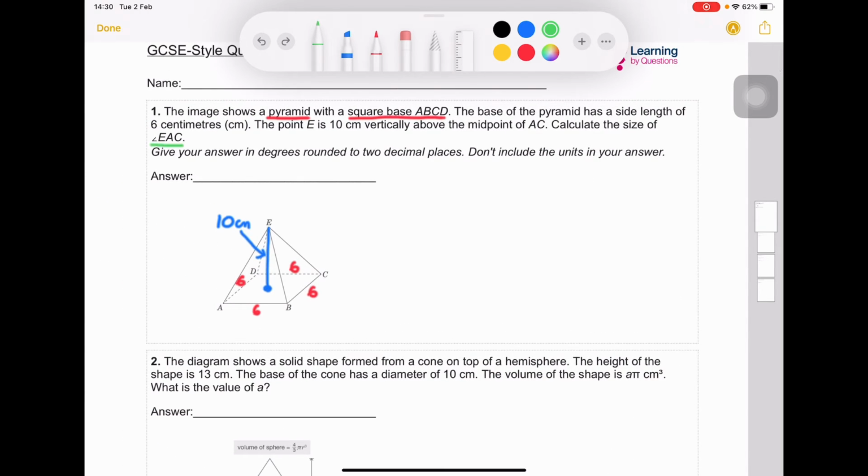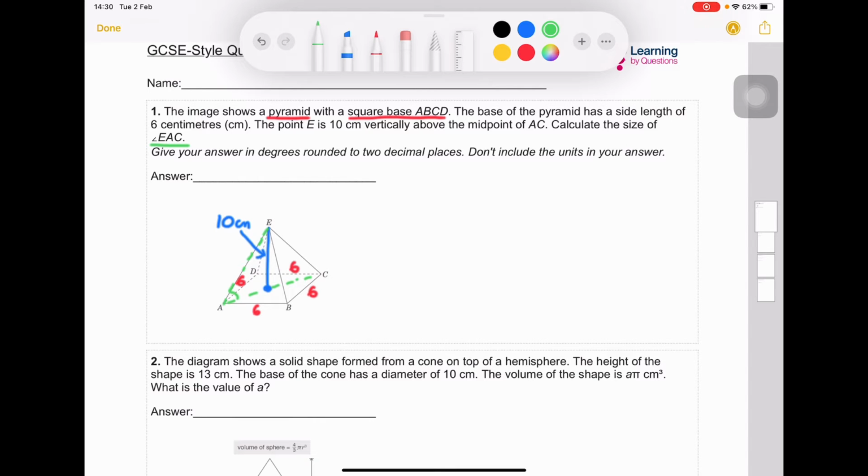Calculate the size of angle EAC. So underline EAC. EAC means we start at E, so I'll draw a dotted line, come to A. So that has to be this angle here. So what I have to do is work out the angle here.